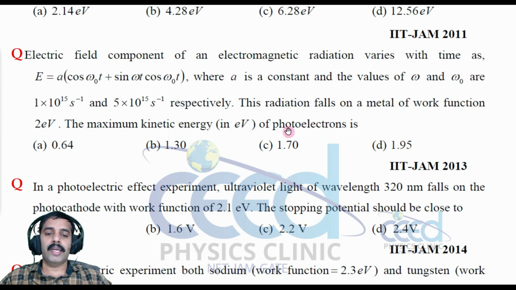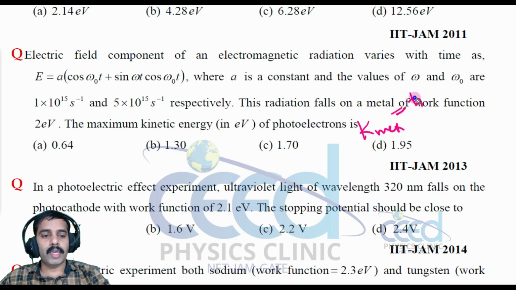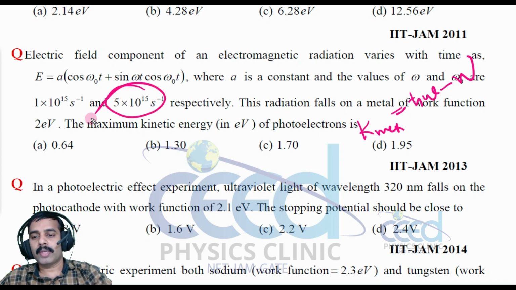The maximum kinetic energy is asked. The same question that we have seen, that was asked in 2011, is asked again with different frequencies in 2013. See here also, you have to use the same equation, right? We are required to find the maximum kinetic energy. K maximum is equal to h cross omega minus W. Here also the maximum frequency produces maximum kinetic energy.